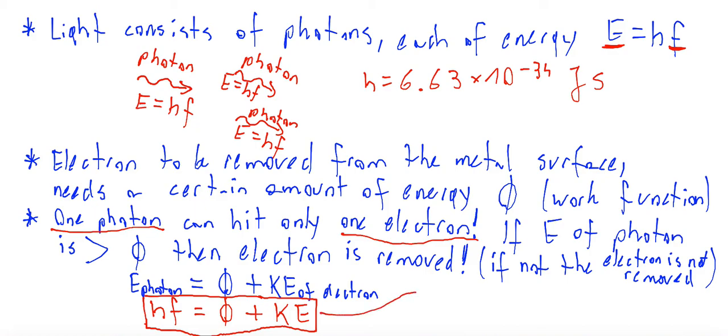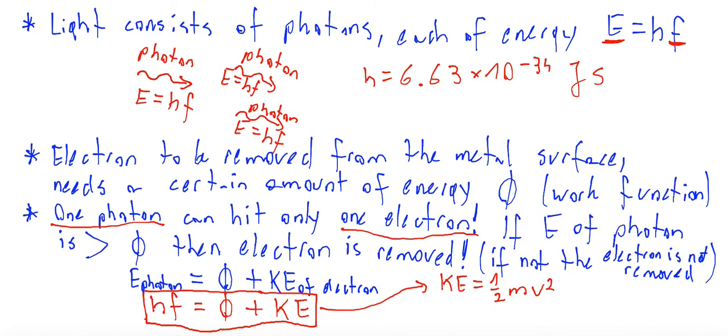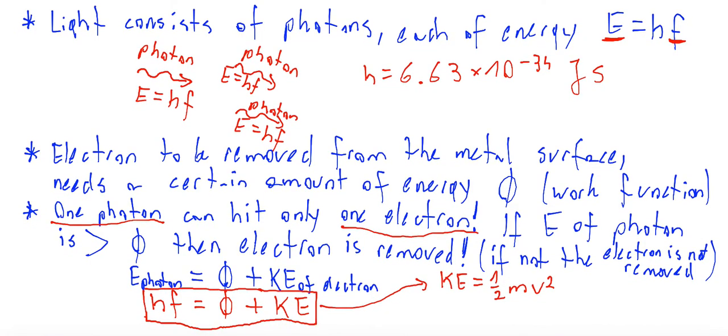So if you want to calculate electron speed, you can use the simple equation for kinetic energy and speed. If you want to calculate the voltage needed to stop electrons, you can use the formula linking kinetic energy with voltage, qV, where q is the charge of the electron, which is constant.